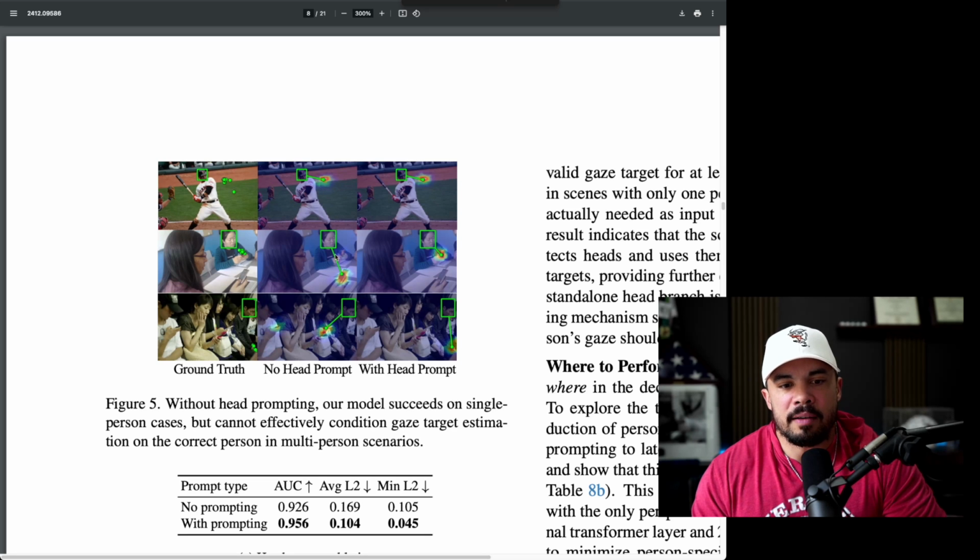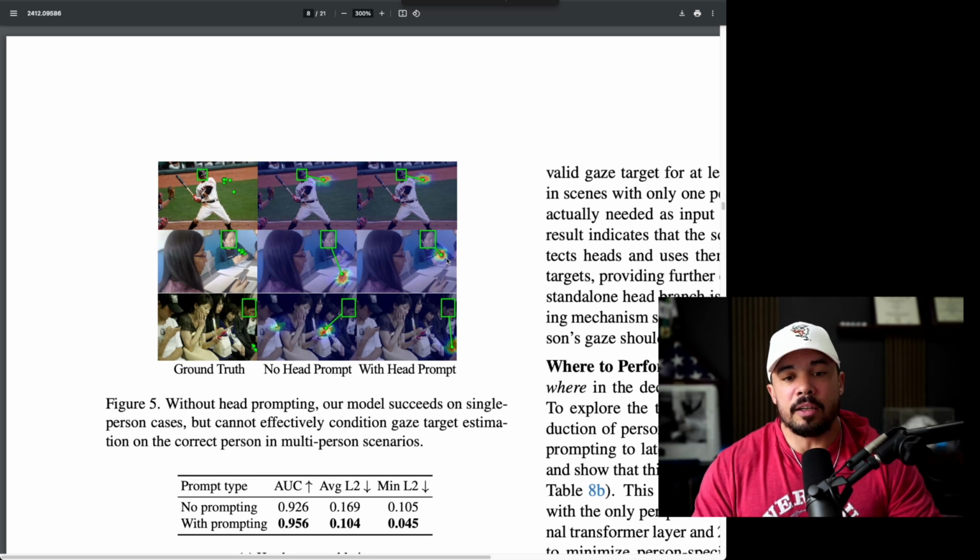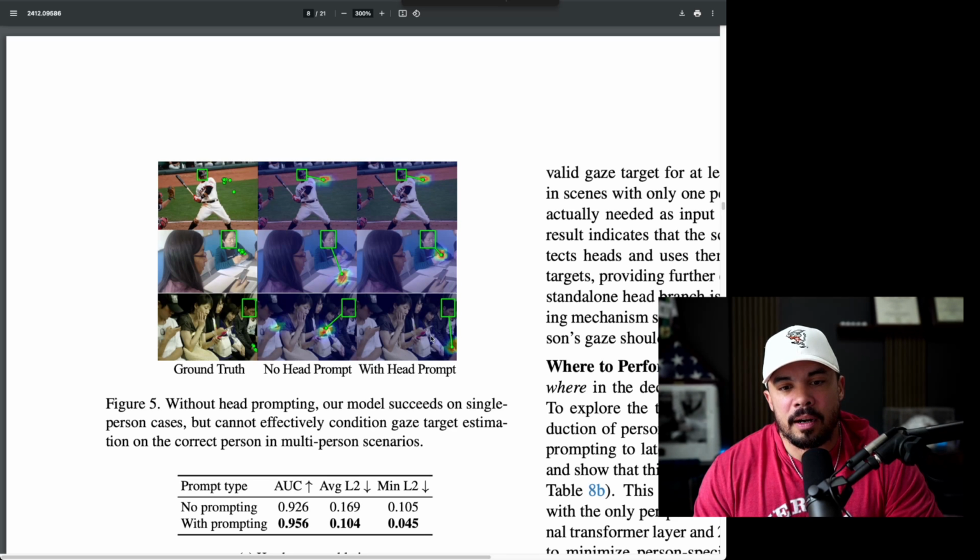Then with the head prompt, this individual could be looking here, but if you can see, it's unlikely they're looking way over there when their head is pointed this way. Then the last element, with the benefit of using this DINO backbone, they can see with much better likelihood that this individual is looking here. But, oh yeah, you can see over here, this individual, there's no way they're looking way to their right.